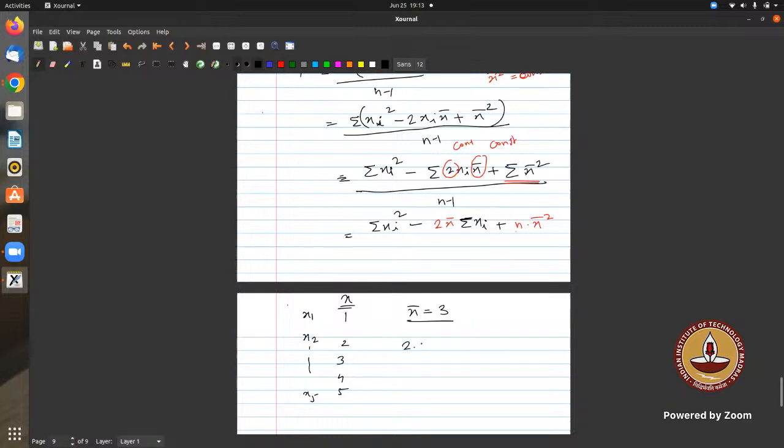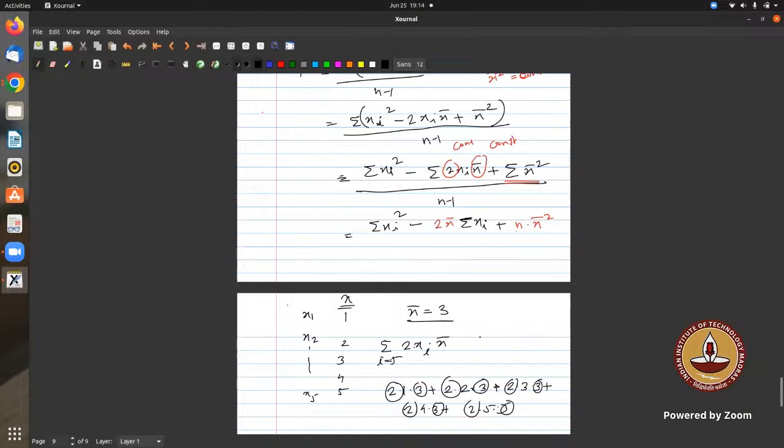So if I wanted to sum over i equals 1 to 5 of 2 times xi into x bar, what does this mean? This is 2 into 1 into 3, plus 2 into 2 into 3, and so on. So 2 and 3 can be taken common. 2 and 3, 2 and 3, and again 2 and 3.